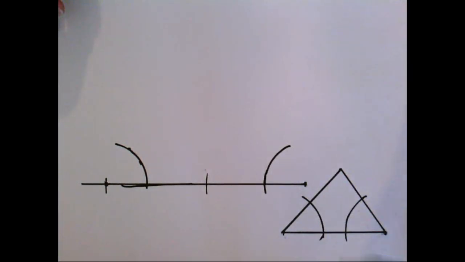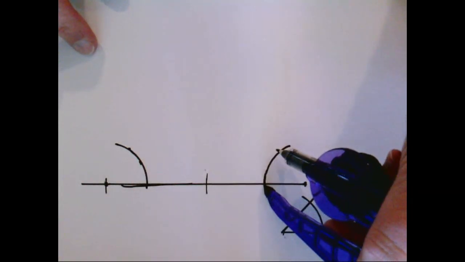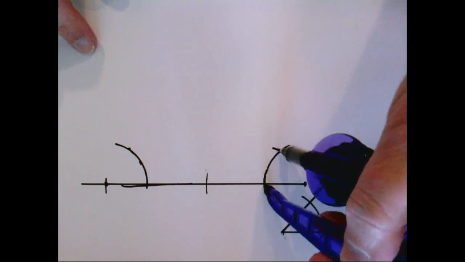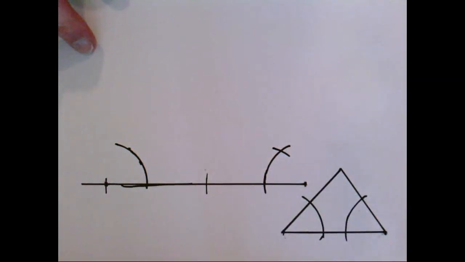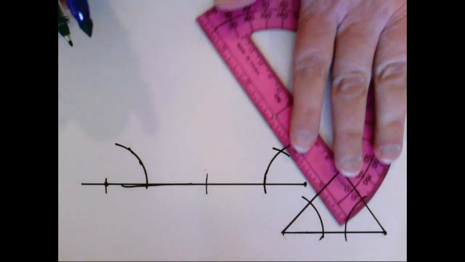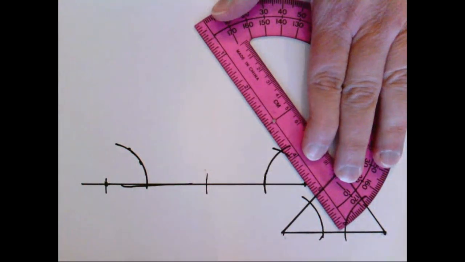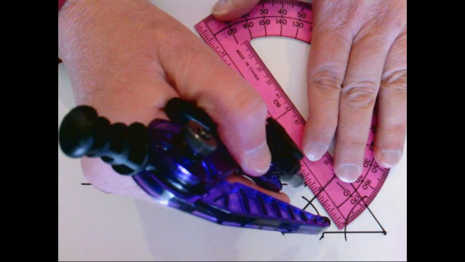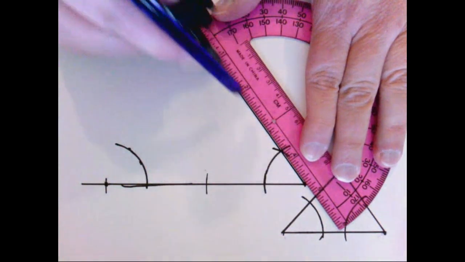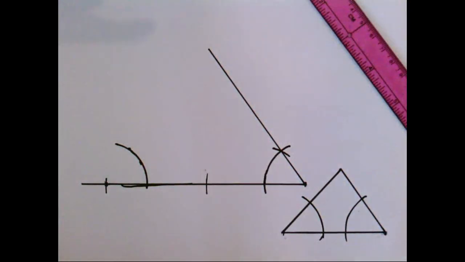So I'll put the point of the compass on this intersection and make an arc. And if I extend this line segment, I'm going to go through that endpoint and this intersection. I know that the side of my triangle has to be along that line segment.